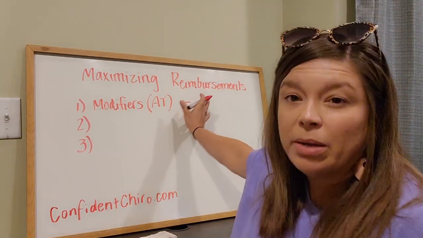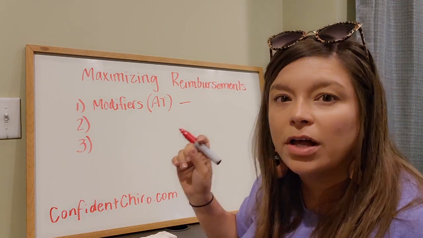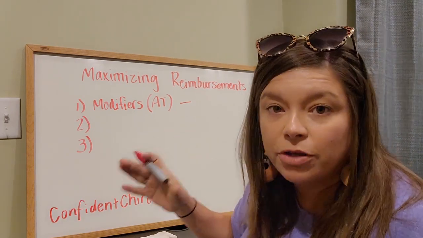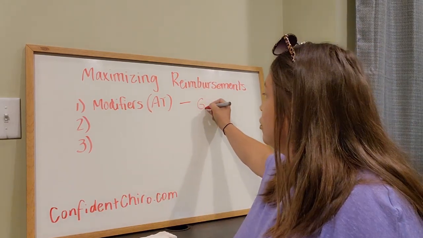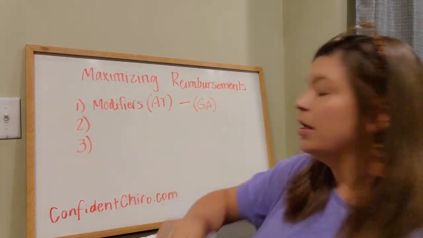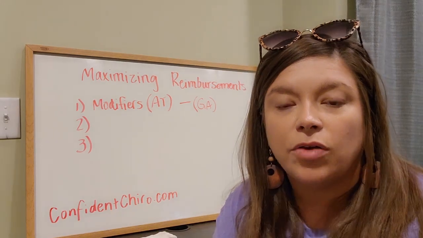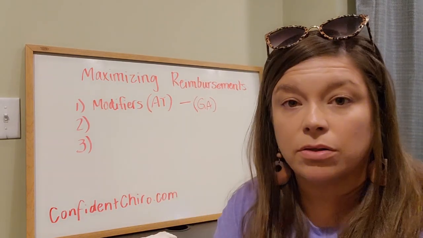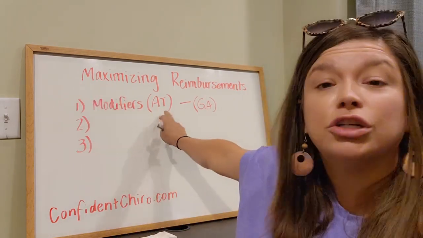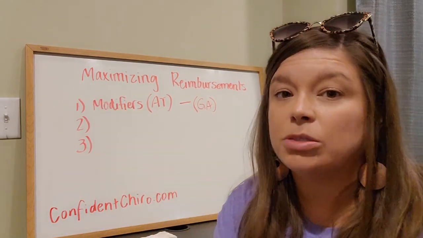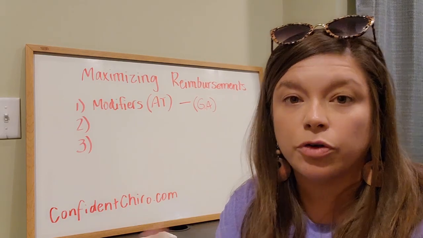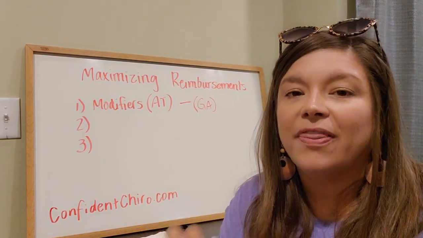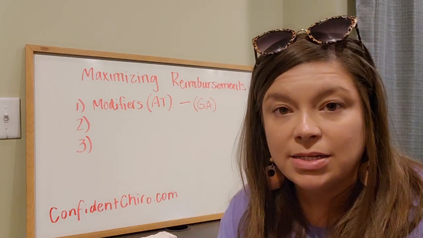Now, I know we're talking about reimbursements, but part of maximizing your collections, your overall revenue for Medicare, is using your GA modifier properly. Now, what is a GA? Hopefully you are aware of this, but when a patient reaches maximum medical improvement, or when you can no longer justify the AT care because maybe you don't expect improvement and you're just going to maintain them at the level they're at, that's when they roll into maintenance care.